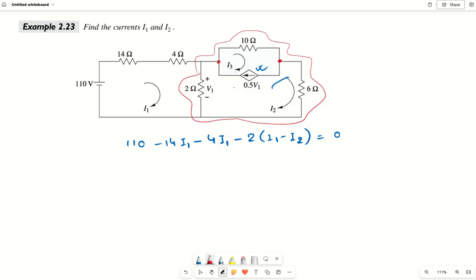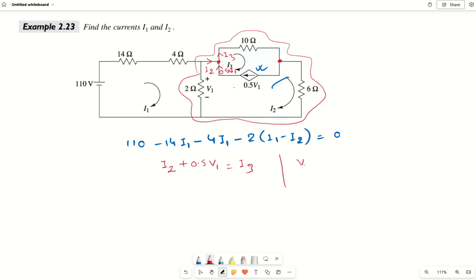As you can see here, this is current I2, this is current I3, and this is 0.5 V1. So this is our KCL equation. I2 is moving in, plus 0.5 V1 is moving in, equals I3. So what is V1?